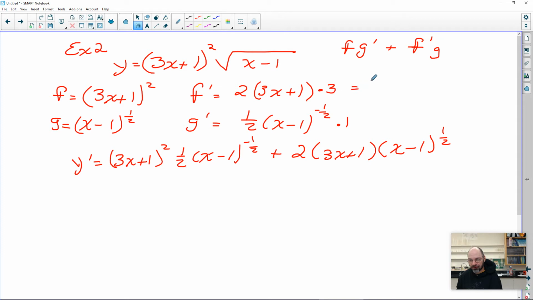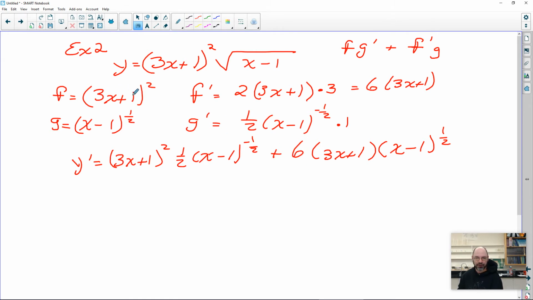So this should end up being 6 times (3x plus 1). Good. Because when we're doing that, we also have to do the derivative. I forgot to chain that in there. So this should have actually been 6 right here where the 2 is. So let's take that and put a 6 there. Sorry about that, guys. Be careful when you're doing these.